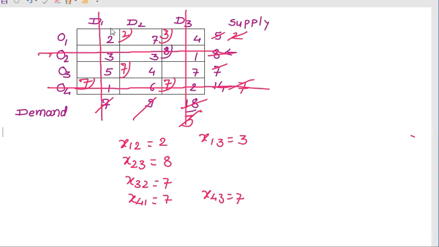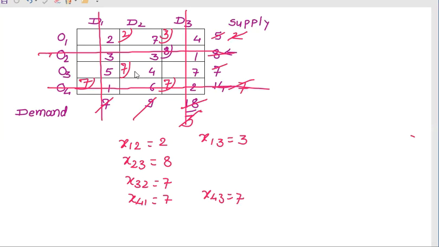2 units are transported from the first factory to the second warehouse and 3 units are transported to the third warehouse. So 2 plus 3 is 5 and 5 units are available at this first factory. Similarly, second row, 8 units are transported from the second factory to the third warehouse and 8 units are available at the second factory. So the row requirement is satisfied.